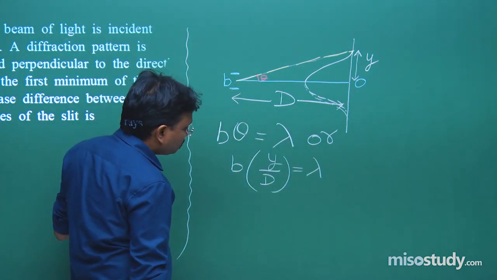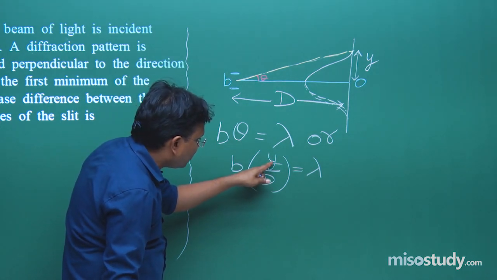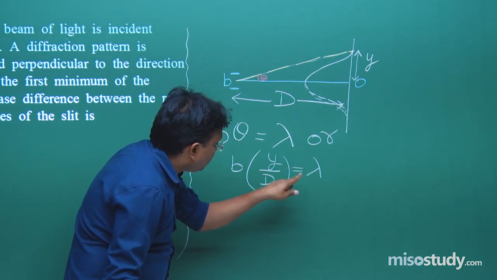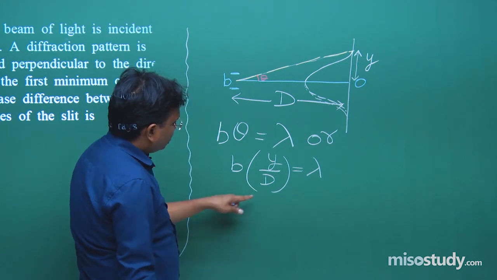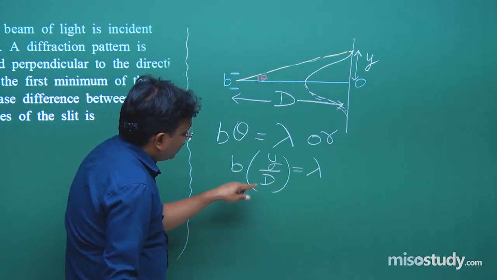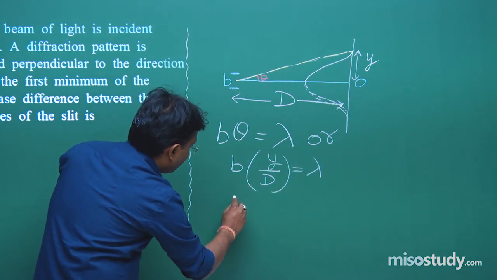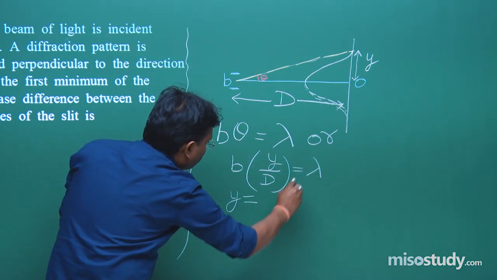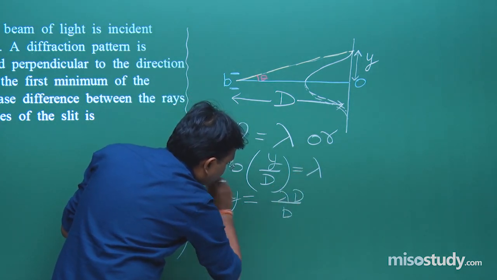Fine. From here if you want to find out, you can easily say y is equal to lambda d by b. Fine. Lambda d by b, or this lambda is equal to y d by b. So as such you can write y from this relation is equal to lambda d by b. Fine.